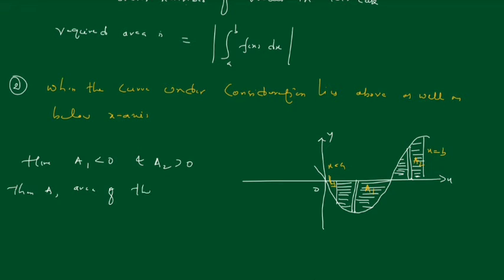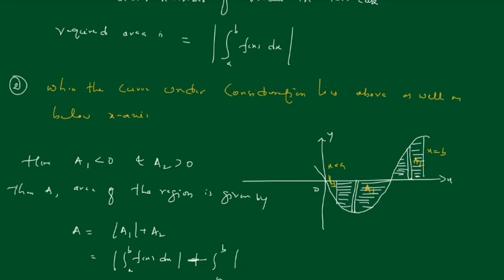So the area of the region is given by A equals mod A1 plus A2, right? A1 is the region that, in general, is mod integration a to b of f of x dx. Similarly, A2 is integration a to b of f of x dx.